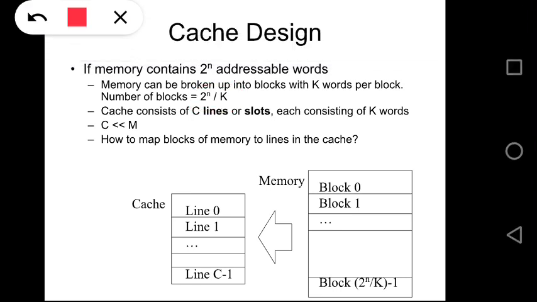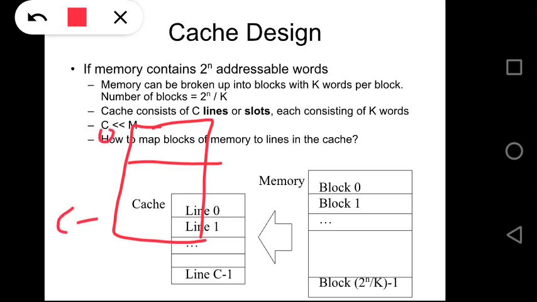Now how the cache is designed. Cache consists of C lines or slots, each consisting of k words. So cache consists of C lines. Line means slot, each consisting of k words. So divide the cache consisting of 0 to C minus 1 blocks.